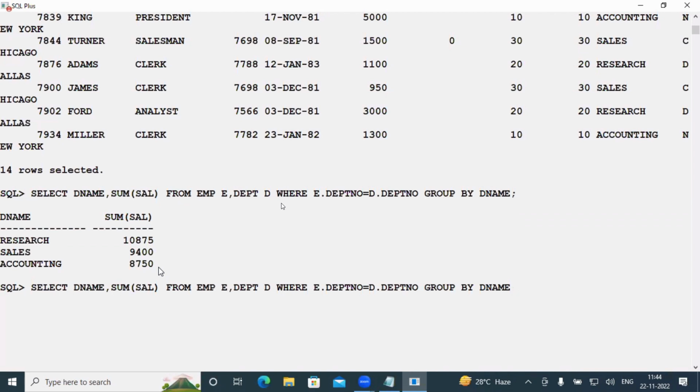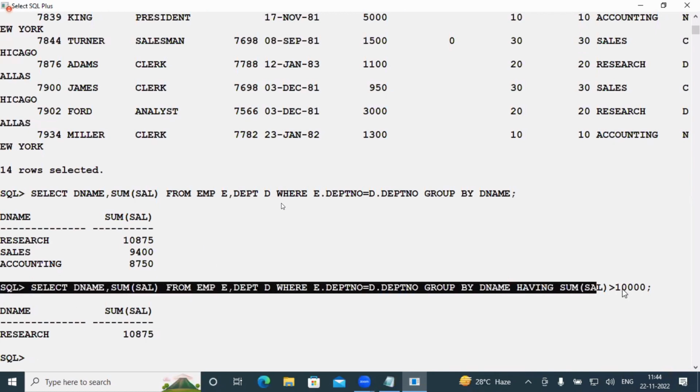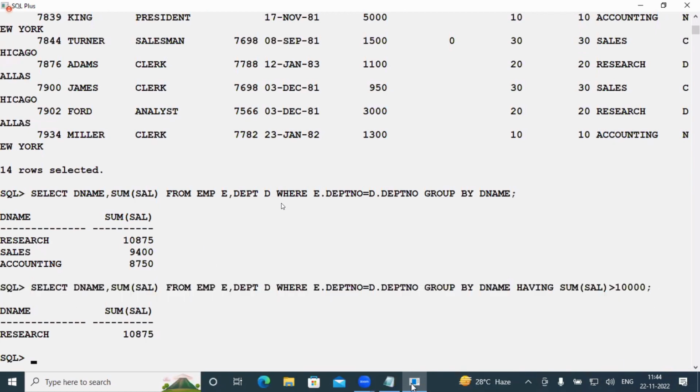So now here I want to add HAVING. What I want to ask here is sum of salary greater than 10,000. If I give that, then it will take this. Okay, now these are the departments above 10,000 that we find here.